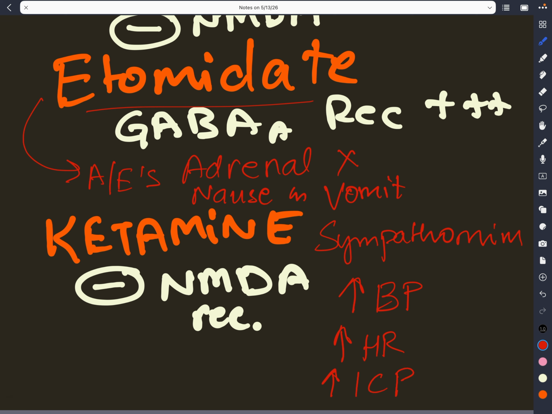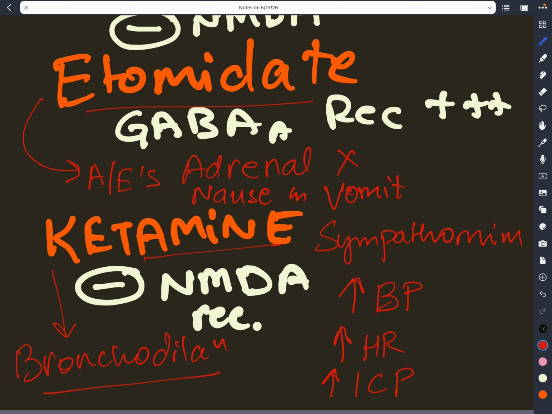It also causes bronchodilation. This is the only drug that can be used in COPD patients.